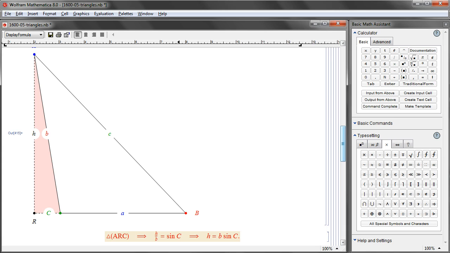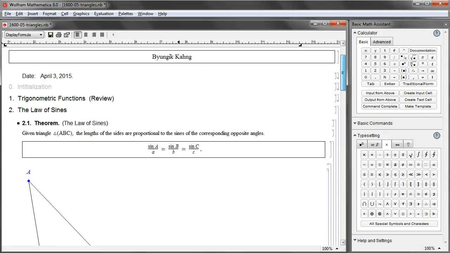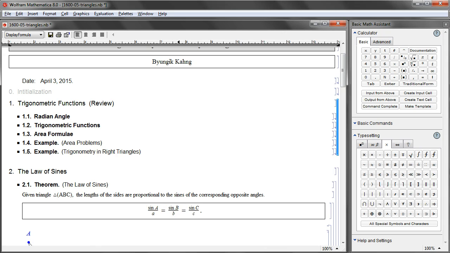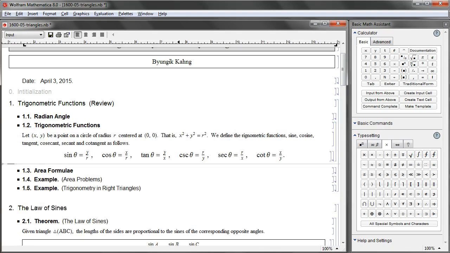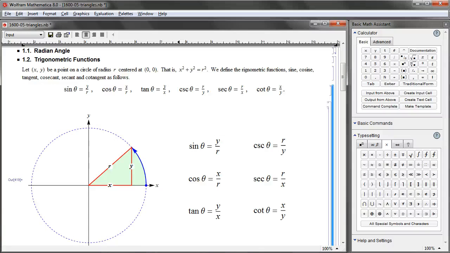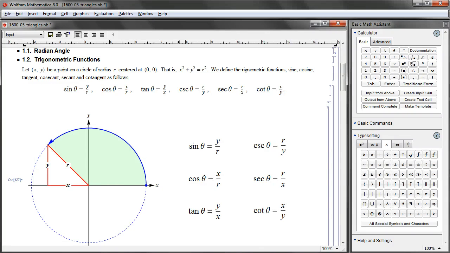It's closer to inscribing this picture to coordinate axes. What am I talking about here? Let's go over to the definition of trigonometric functions, and let's consider the obtuse angle case.